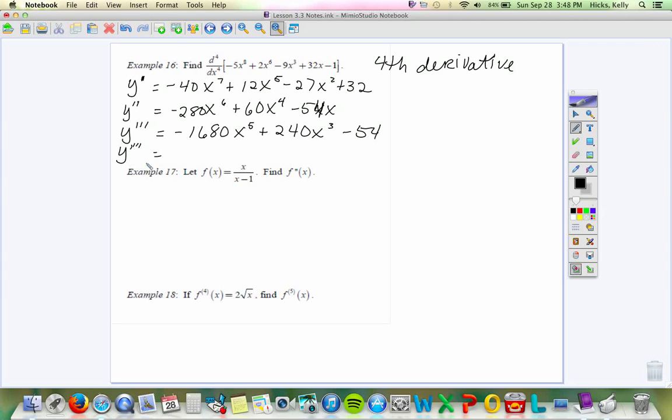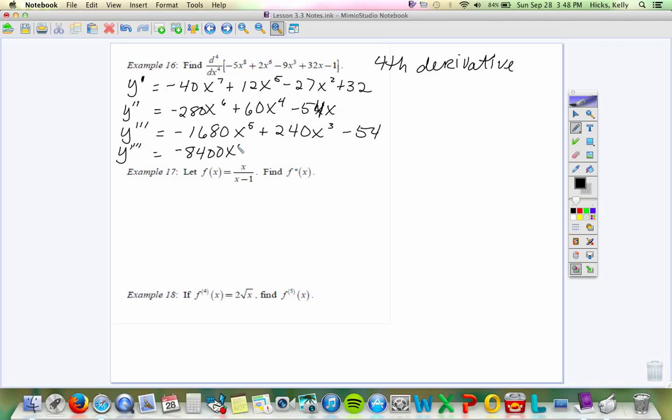Last time. Y to the 4th. That means the fourth derivative. I guess you'd call that y quadruple prime, because this is y prime, this is y double prime, this is y triple prime, so that would be y quadruple prime, fourth derivative.